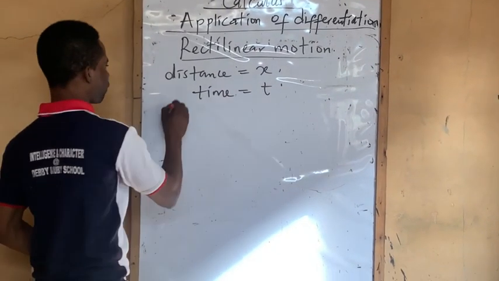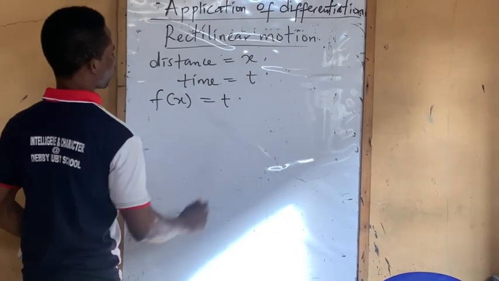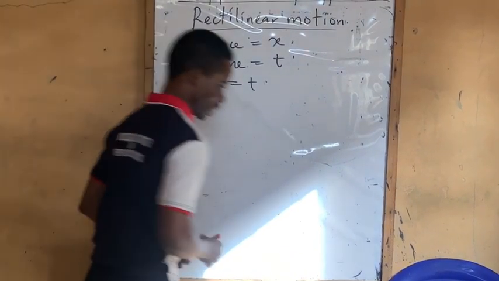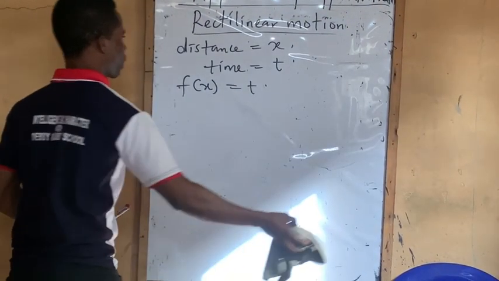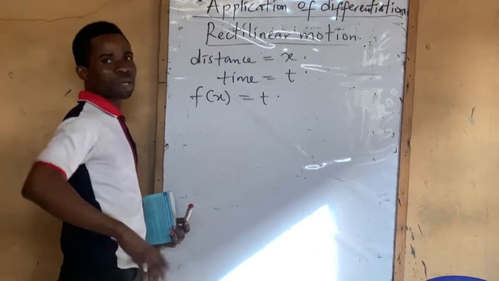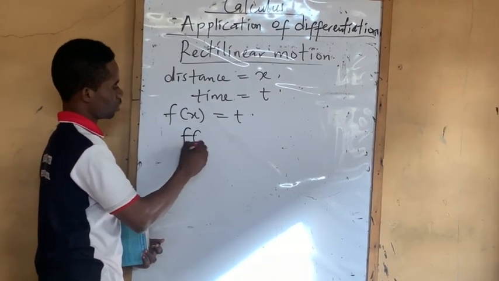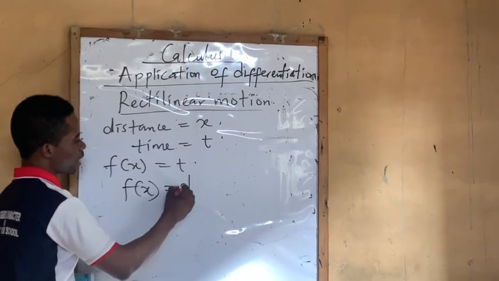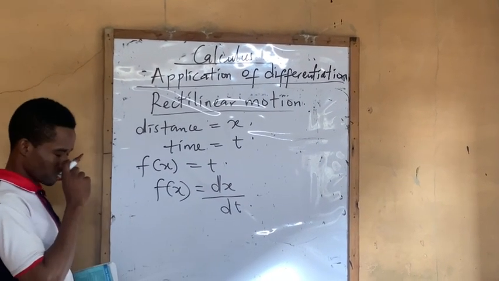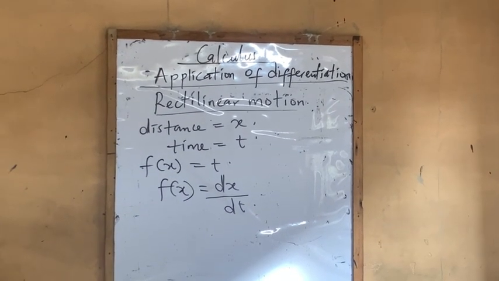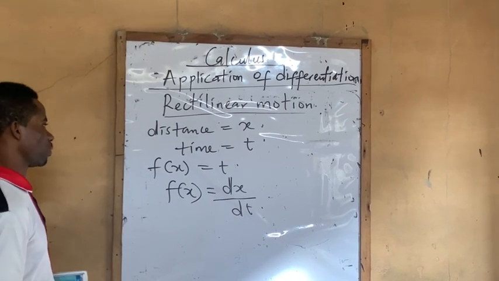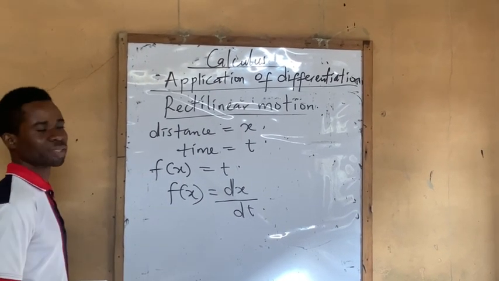What I want to bring out is that in rectilinear motion, if we are to find the distance, that will be dx/dt. That is speed. They ask us to find the distance, dx all over dt.